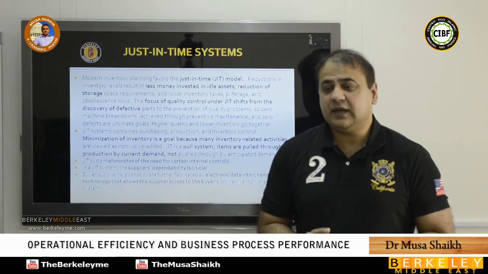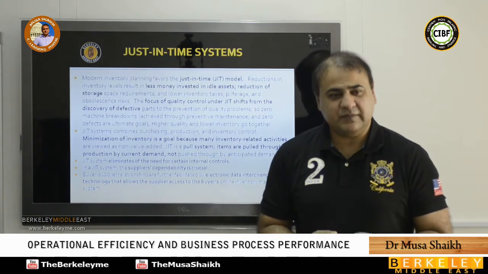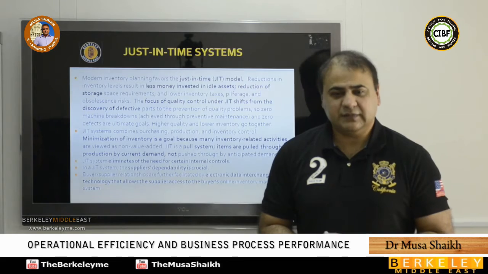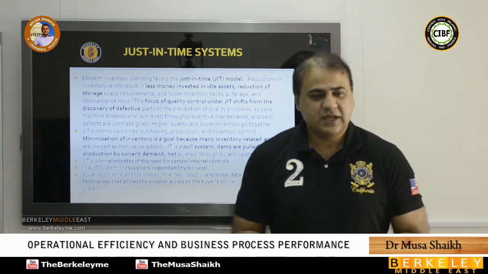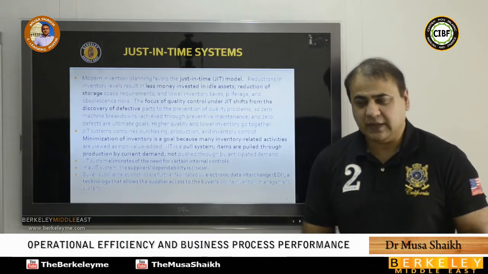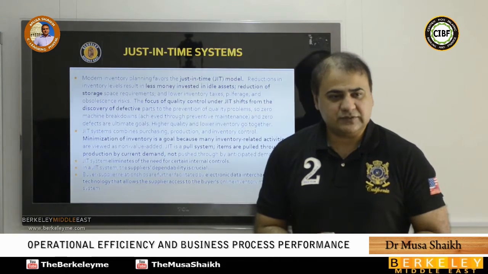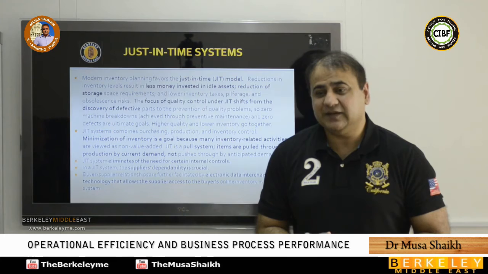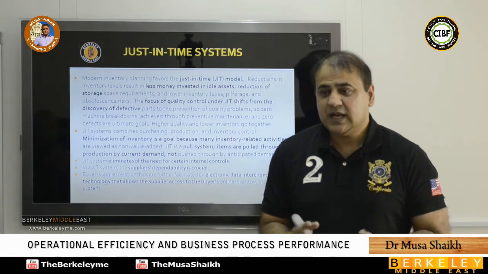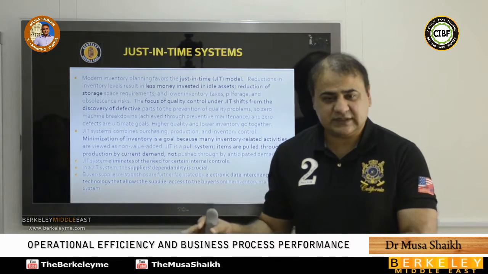Then it may be perishable stuff, it may be out of fashion, maybe you bought some t-shirts of a specific type and the fashion changes and now you are unable to sell them. So there are a lot of risks involved in maintaining a traditional inventory management system.